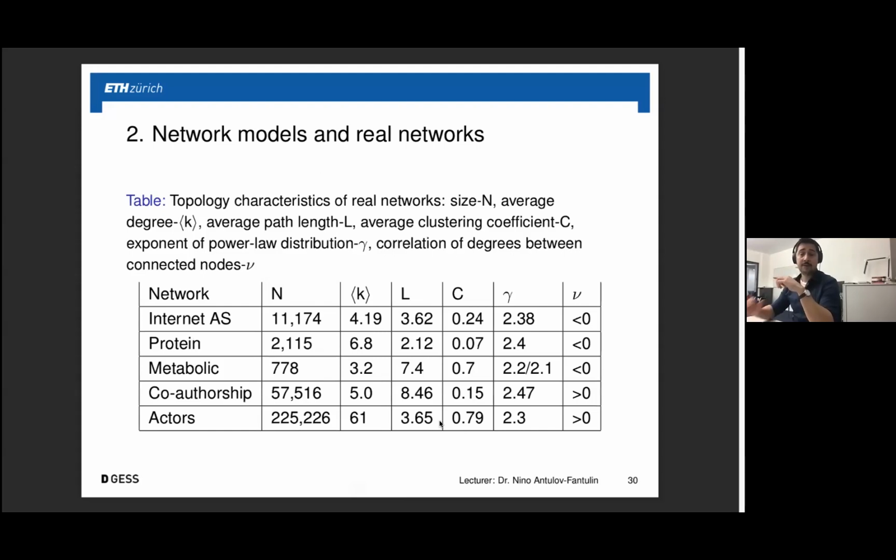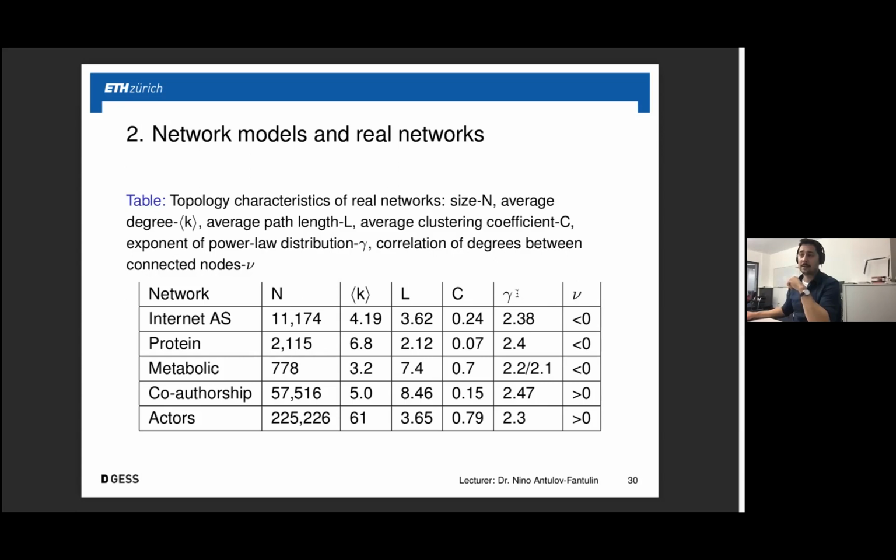Now I'm listing some of the topological properties of these networks, for example, for the Internet Autonomous Systems, Protein, Metabolic Network, Power Grid, and Actor Network. Here you can check the first moment of the degree distribution. This is the average shortest path, which is also quite low with respect to the size of the network. The clustering coefficient is also quite high.